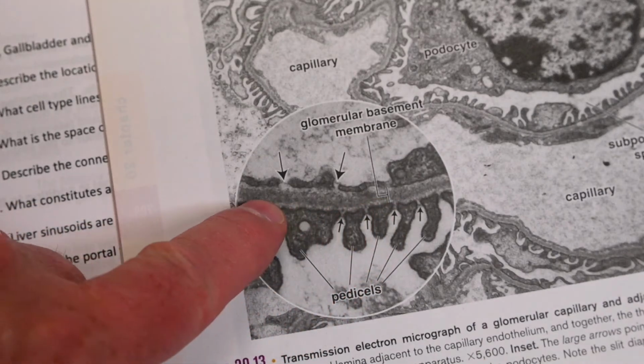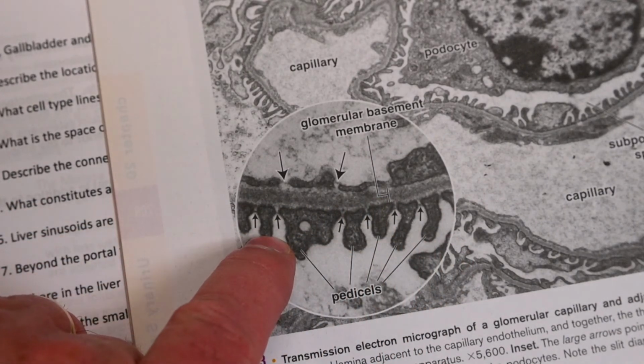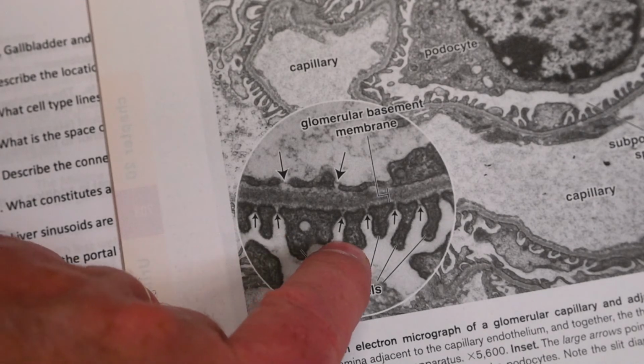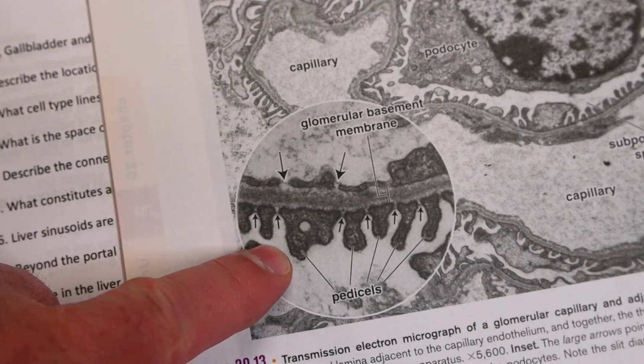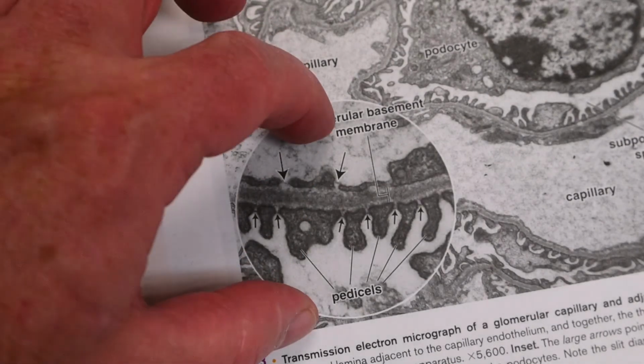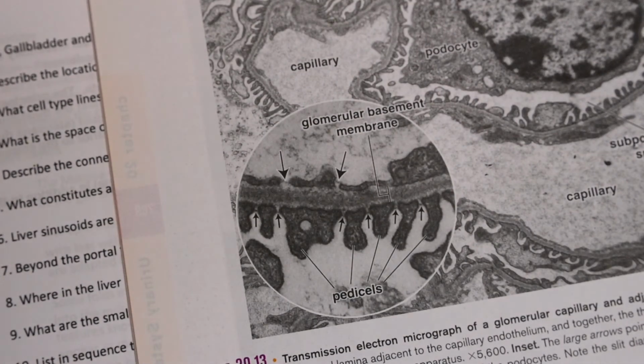The basement membrane is in gray, and then the feet of podocytes, the pedicels, shown out here, with the little tiny arrows pointing to that filtration slit membrane between the two feet of the podocytes. So that's the entire filtration membrane from one side to the other, showing that little magnified part of this electron micrograph in your textbook.